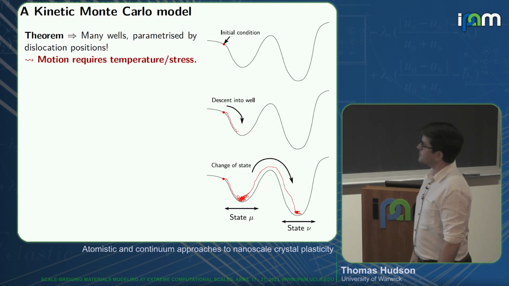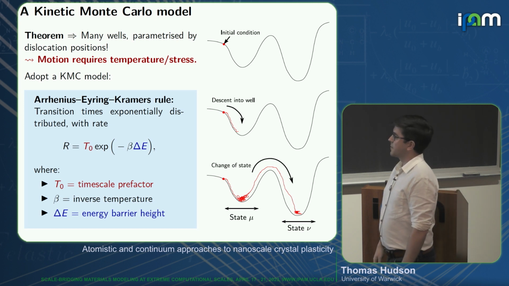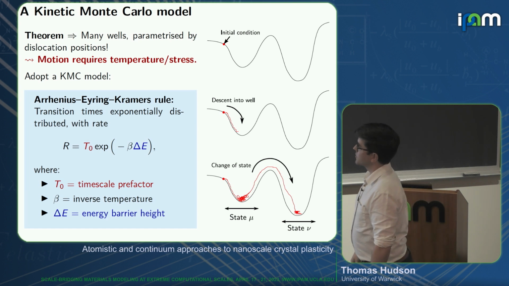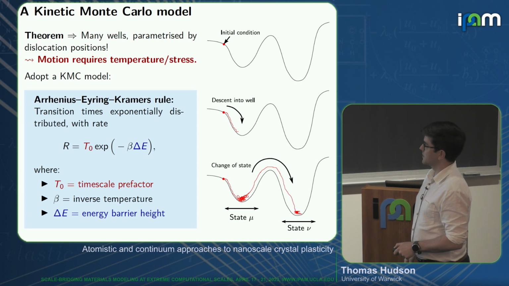And so in kinetic Monte Carlo models, the typical assumption is that you have some harmonic transition state theory. So you say that the rate to escape from some local minimizer is basically of this form. There's some timescale factor, sometimes called the entropic prefactor, which tells you the timescale that things occur on.